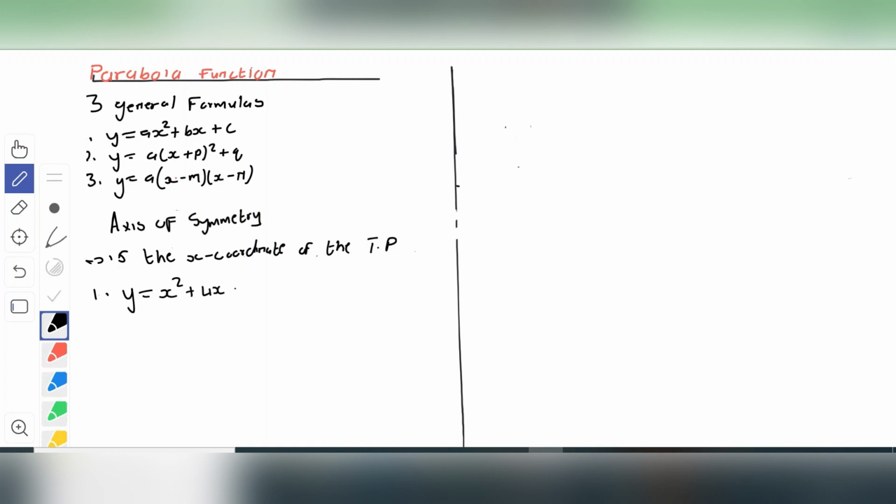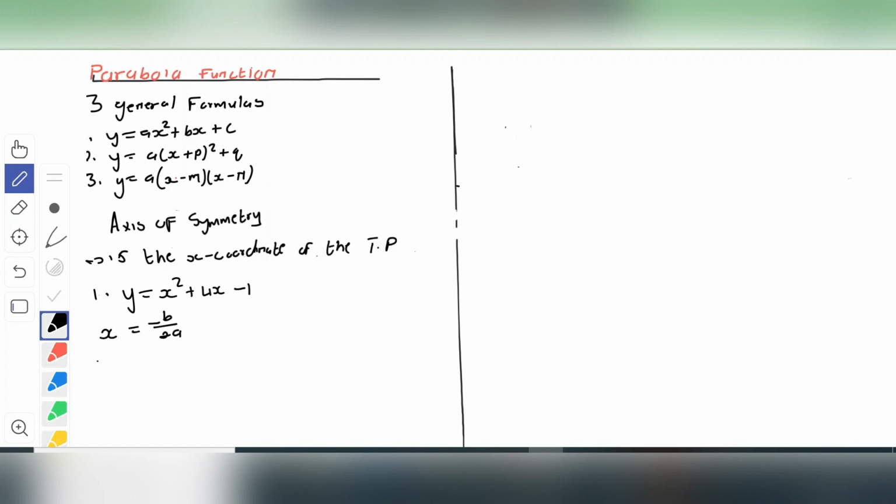Whenever you're given an equation in this format and you are asked to write down the axis of symmetry, remember that the axis of symmetry is the x coordinate of the turning point. We know that x is equal to minus b all over 2a whenever we have this format, right?